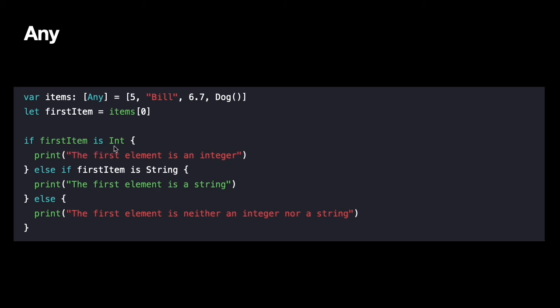So we can test if it's an integer, we can test if it's a string, or we can have a default clause. And depending on the result, in this case, item 0 will be an integer, then the code between this brace and this brace will be executed.